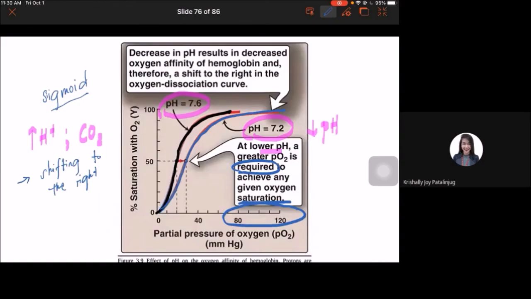Okay? Again, nag-move to the right yung graph kasi it will now require greater pressure to achieve saturation with hemoglobin. Okay? Kasi with greater oxygen pressure, di ba, rich oxygen sa paligid, i-accept yan ngayon ni hemoglobin para ma-achieve niya yung full saturation. Yan kumbaga yung ginagawa ngayon ng hemoglobin to compensate sa nangyayaring less oxygen binding caused by proton and carbon dioxide. Okay, so shift to the right yung graph.